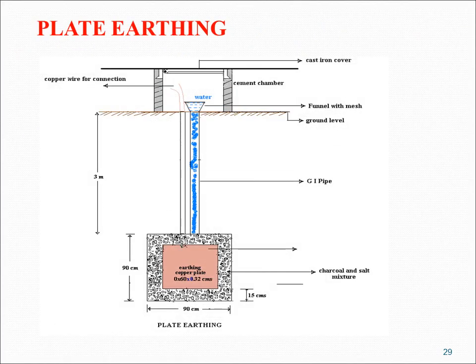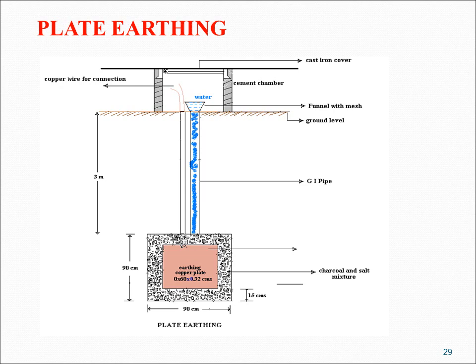We'll see what plate earthing is. Here the plate is made of copper. That copper plate is placed inside the ground, and around the plate, charcoal and salt are placed in alternate layers, so that it absorbs more current and maintains low resistance in the ground near the plate.